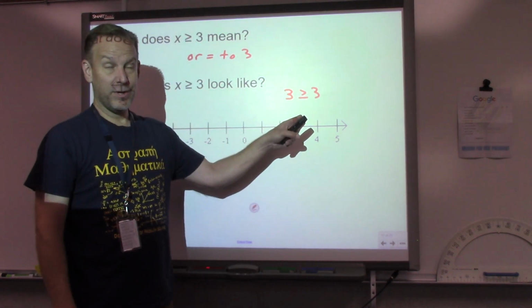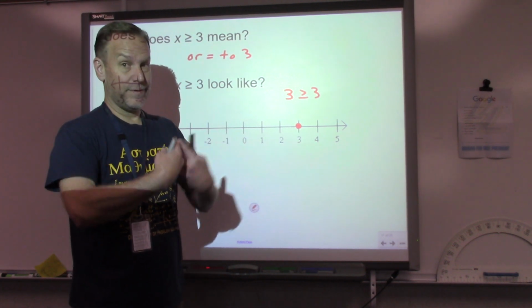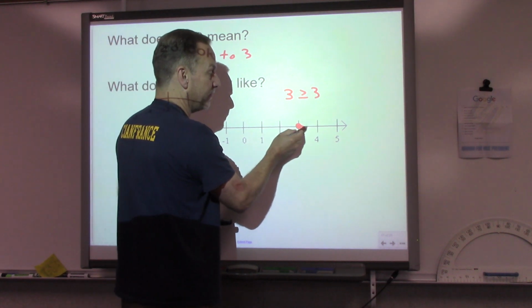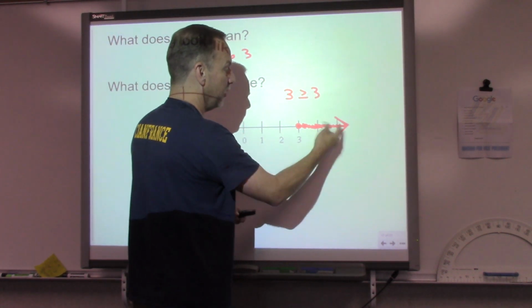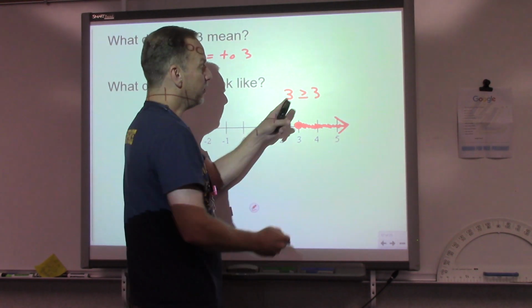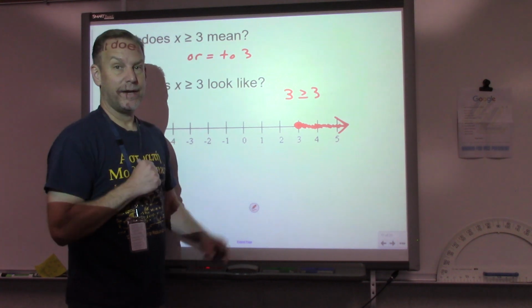That is now true, because 3 is not greater than 3, but it is equal to 3. So we've combined the two ideas. So the graph of that one is going to be an arrow that represents all of the things that are either bigger than or equal to 3. We represent that by filling in the dot.